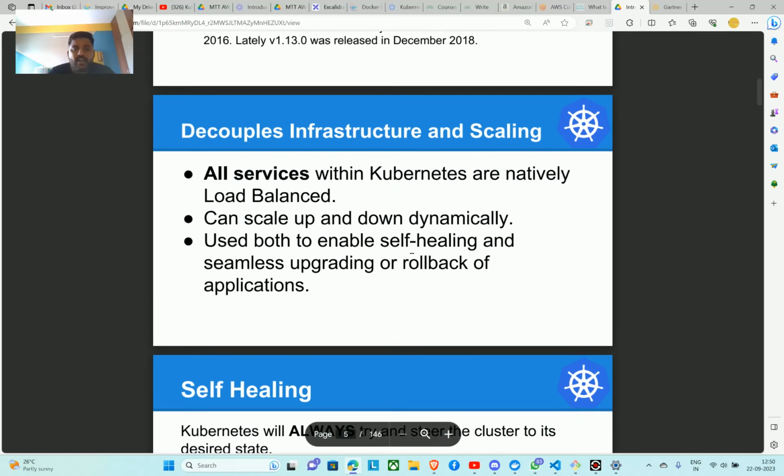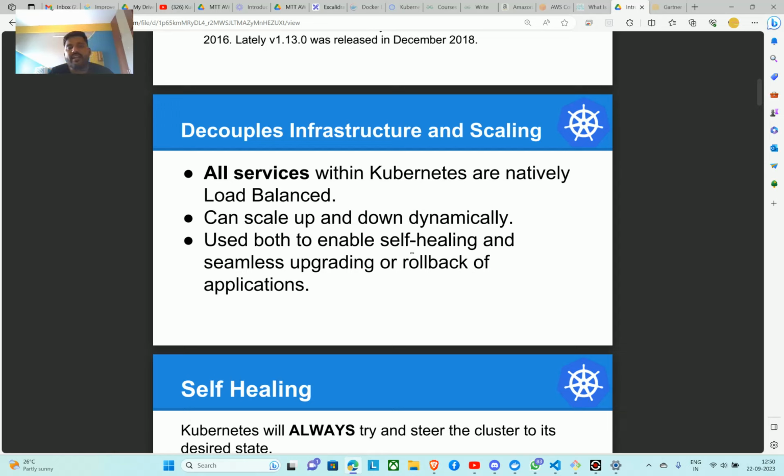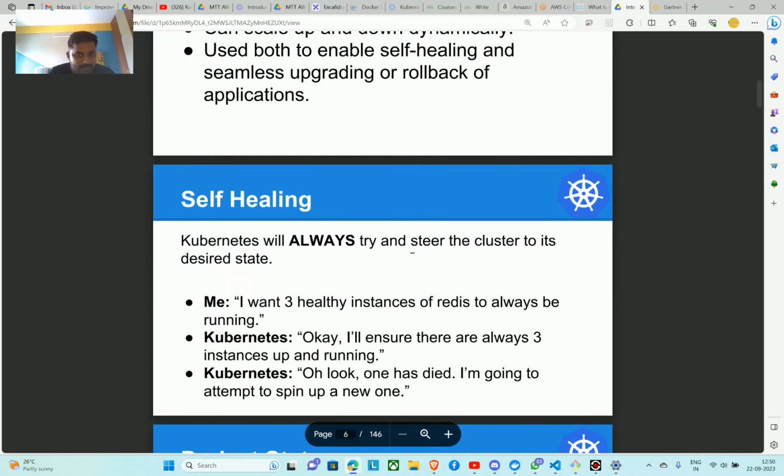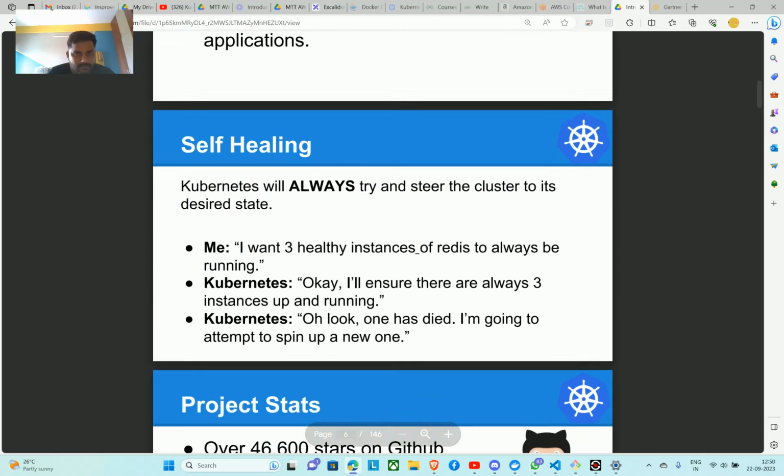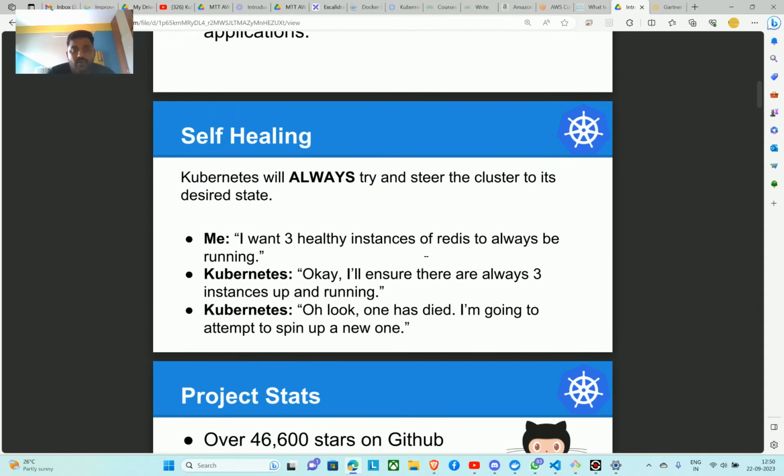Okay, and all the services in Kubernetes are natively load balanced. Okay, that means it has the capability of self-healing. That means it can scale up and down dynamically, and it is used for self-healing and rollback. Kubernetes will always try to steer the cluster to its desired state.